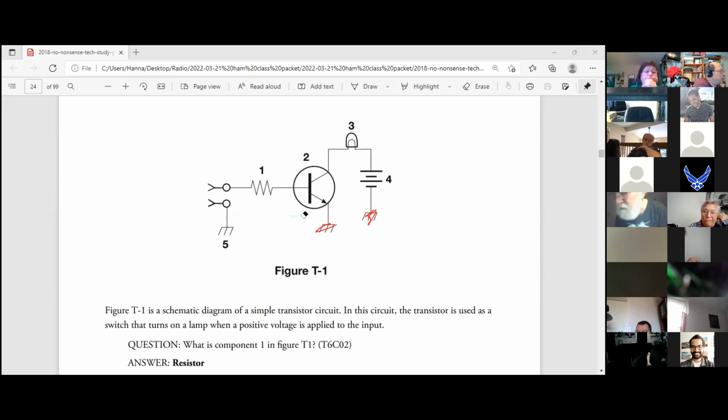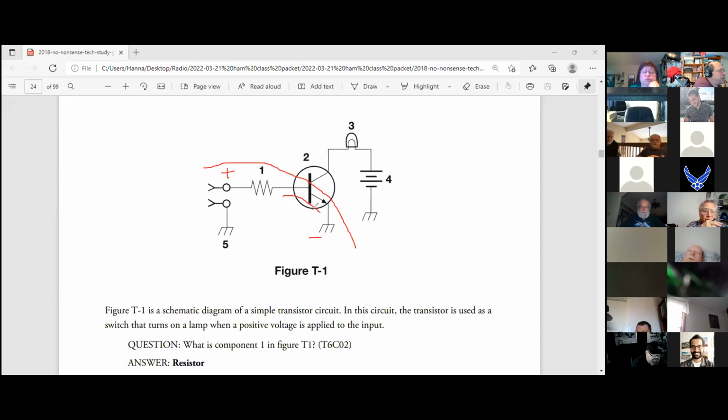Okay, so now that I'm going to erase that, the way we look at this circuit is that we basically have this half of the circuit, and then we also have the upper half of the circuit. Okay, so when this goes positive and this is negative, what happens through this diode?